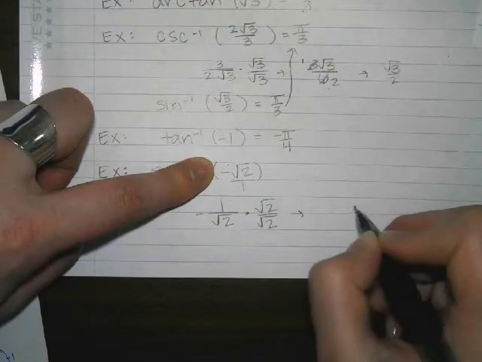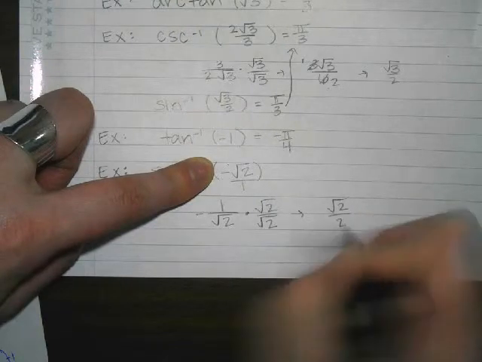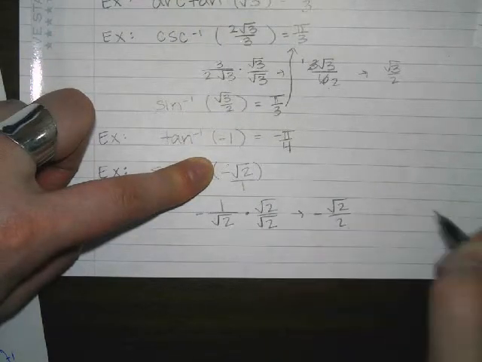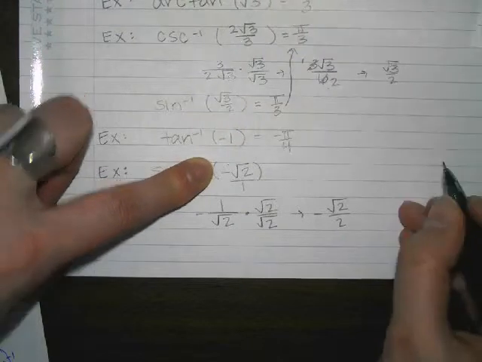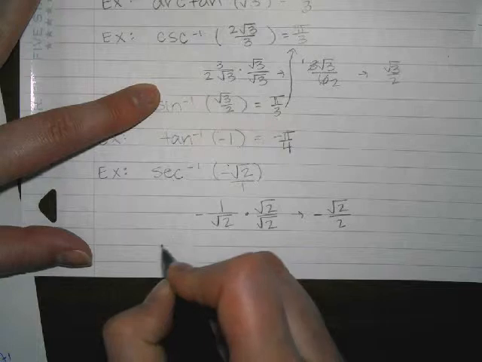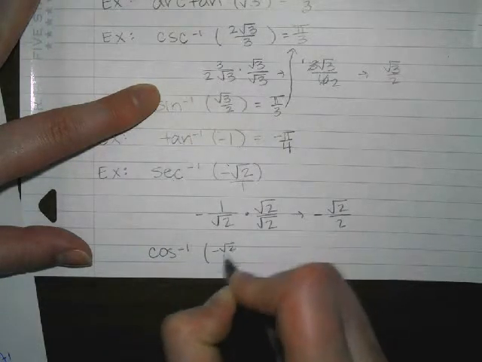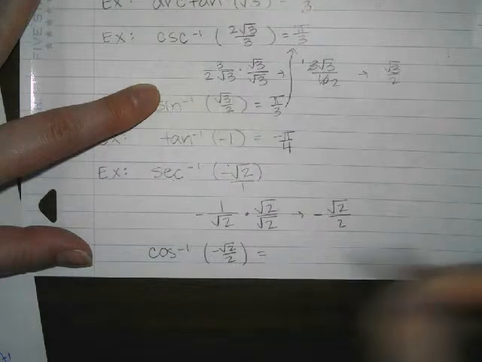And what do I get? Square root 2 over 2, and there was a negative with the problem there, so there's still a negative with the problem. So instead of looking at secant inverse of negative root 2, I'm going to think of cos inverse of negative root 2 over 2. That's what I'm going to do instead.